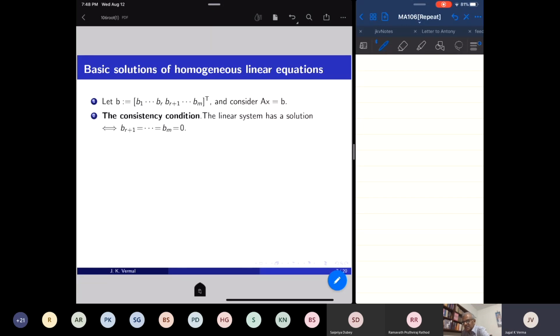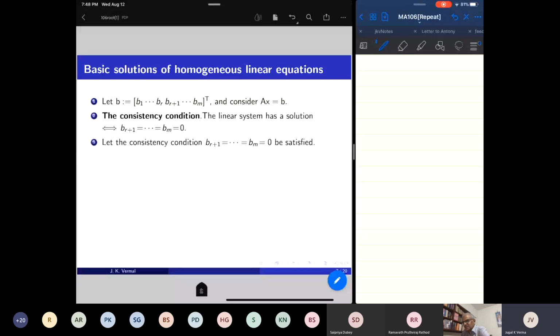So this is the consistency condition. If the coefficient matrix of a system of linear equations is in row echelon form, we can just look at this augmented matrix and determine whether there is a solution or not. The non-zero rows should have b(r+1), ..., bm equal to 0. Otherwise, there is no solution.